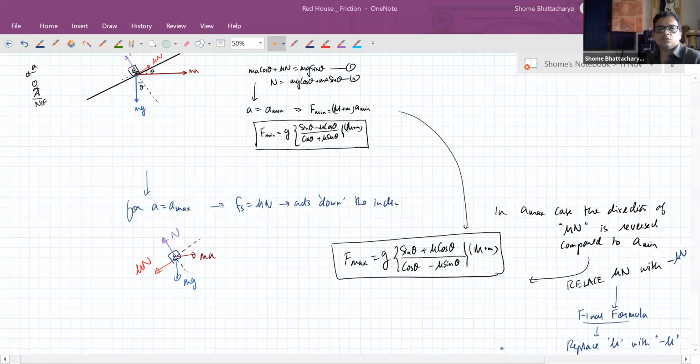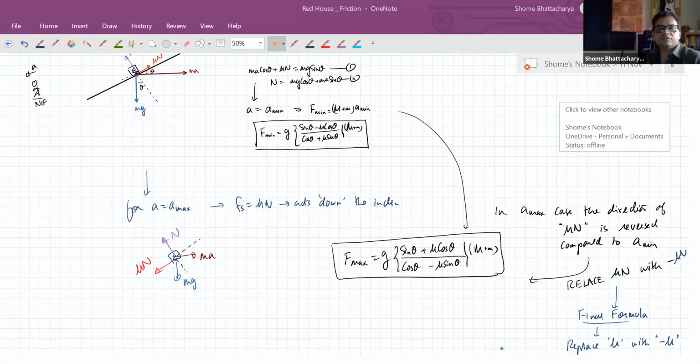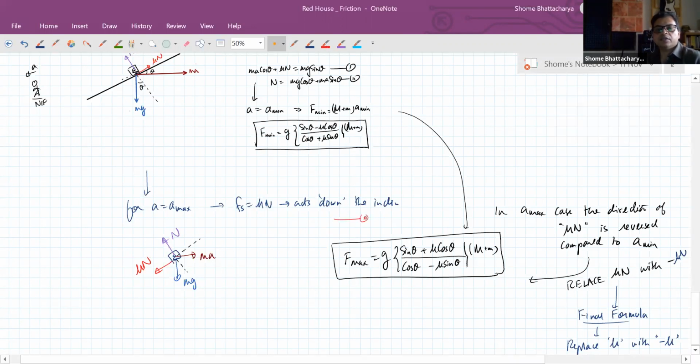That's what I'm saying, you will get the F max equation from the F minimum equation only. Because when you compare these two FBDs, you have just reversed your direction of friction. So whatever we had written as mu N in equations 1 and 2 here, the corresponding equations 1 and 2 that you will write over here, which I have not written, you will put friction on the other side. That is the same thing as replacing mu N with minus mu N. So when you solve these new equations 1 and 2, whatever result you get will be exactly the same as this, but with mu replaced with minus mu, because wherever there was mu in my equation, it had to be reversed in direction.